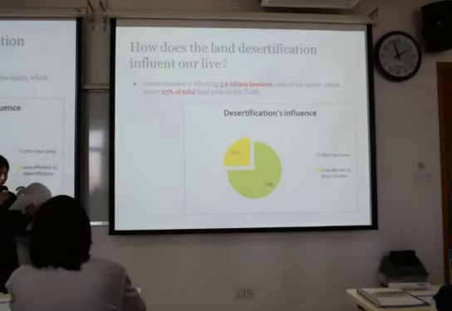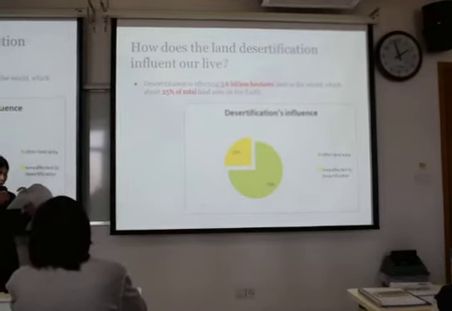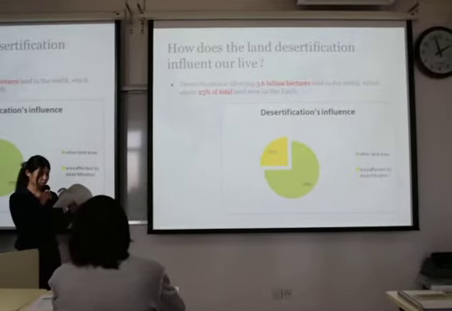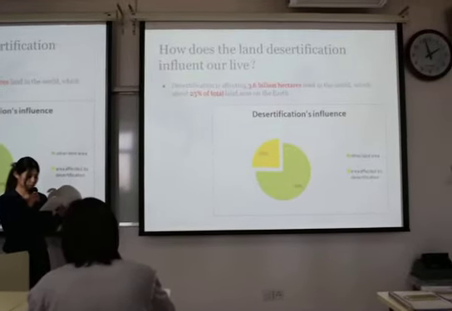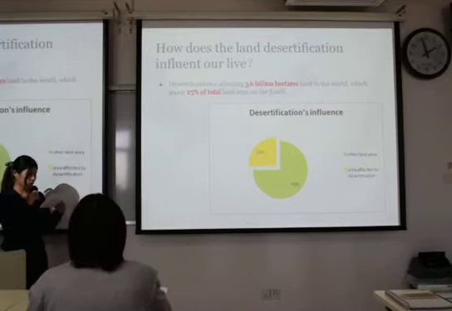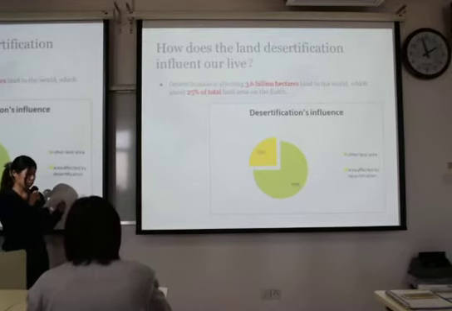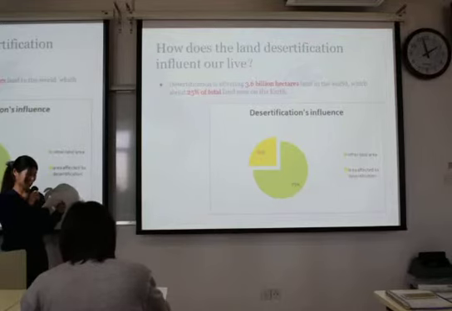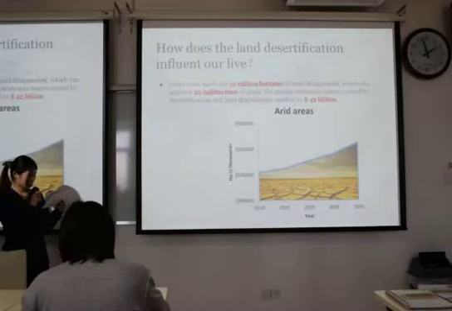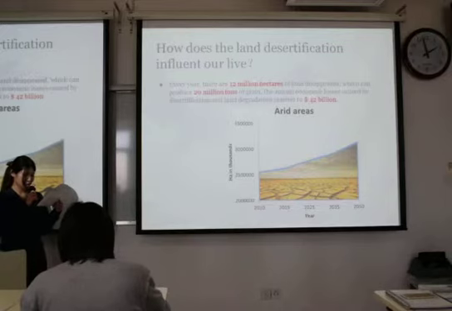Desertification is affecting 3.6 billion hectares in the world, which is about 25% total land area on the earth. It means 1/4 of land area on the earth are menaced by desertification. Every year, there are 12 million hectares of land disappeared, which can produce 20 million tons of grain.